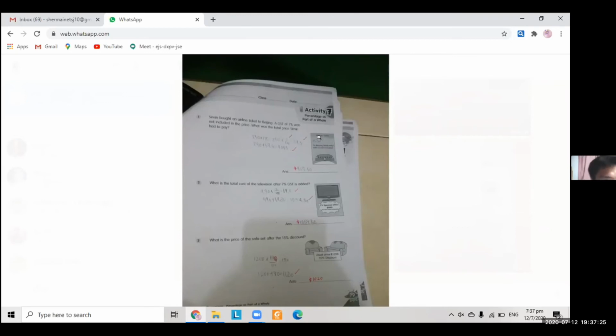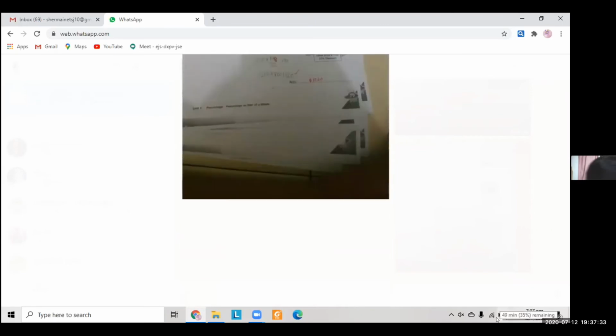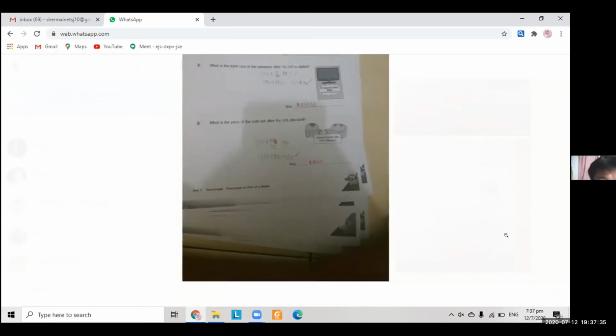Why you always miss the unit? When are you going to remember to include the unit? Whether it's dollars or area or total area or perimeter.